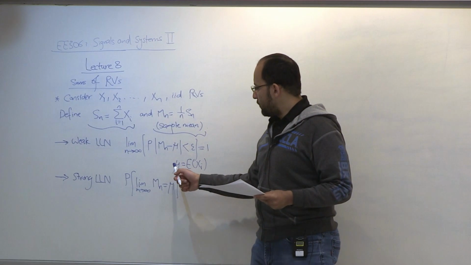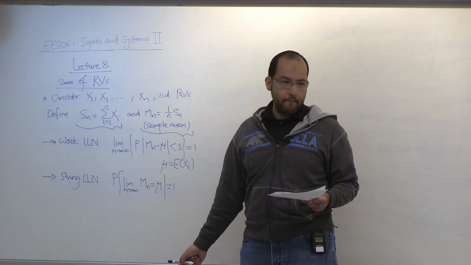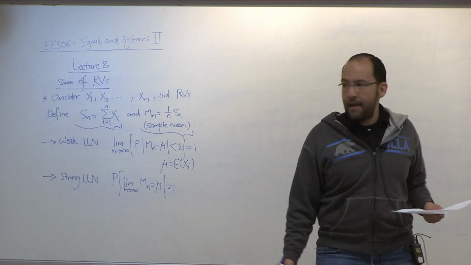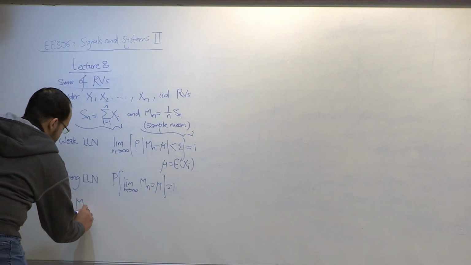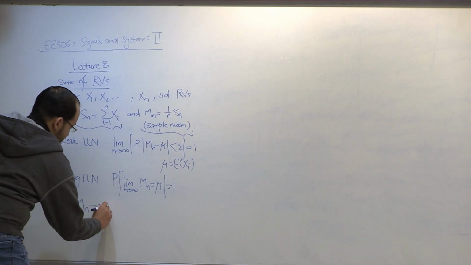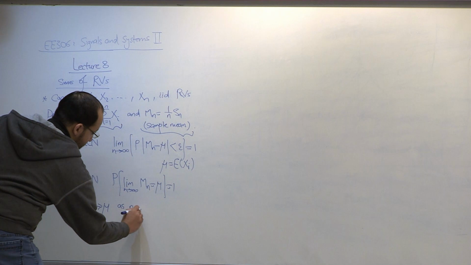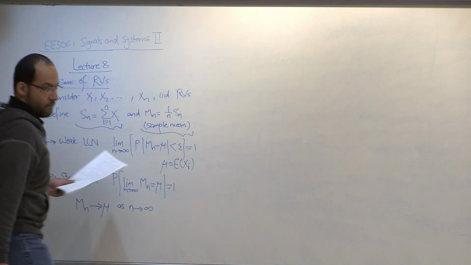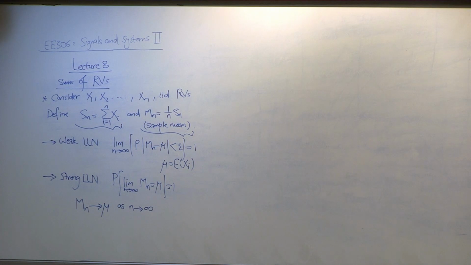First of all, do you see that the two of them refer to the same thing? They say that Mn converges in probability to mu, right? As n goes to infinity. They both say the same thing.